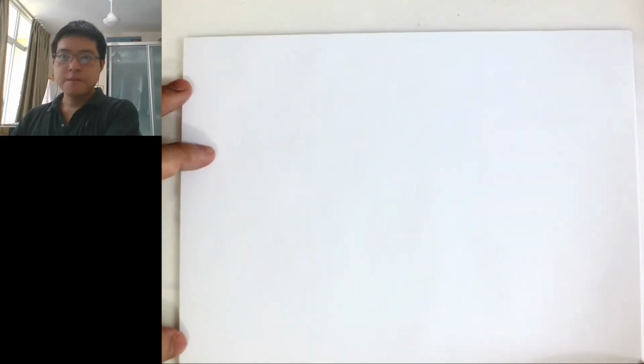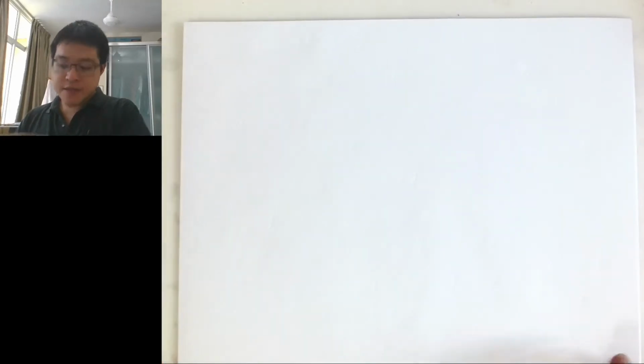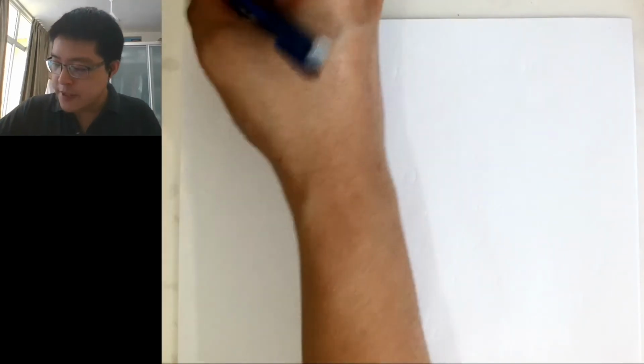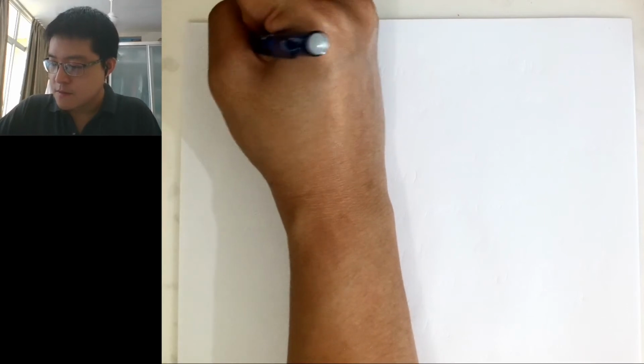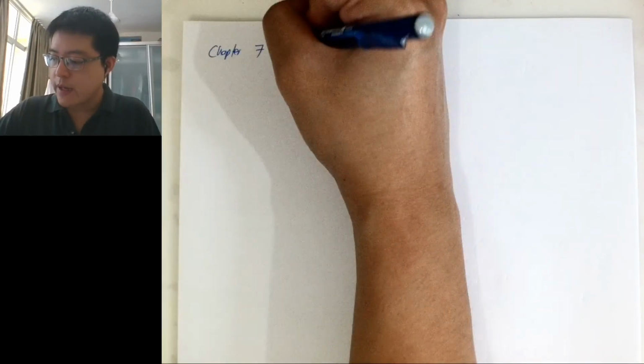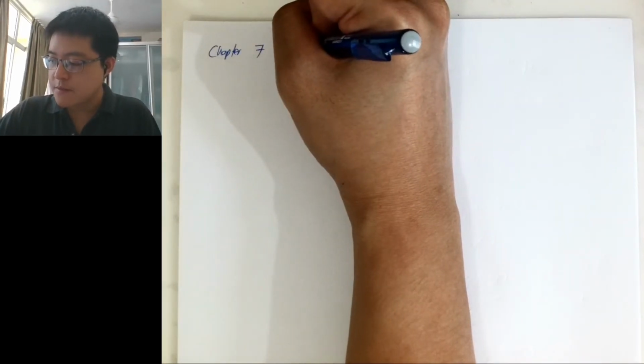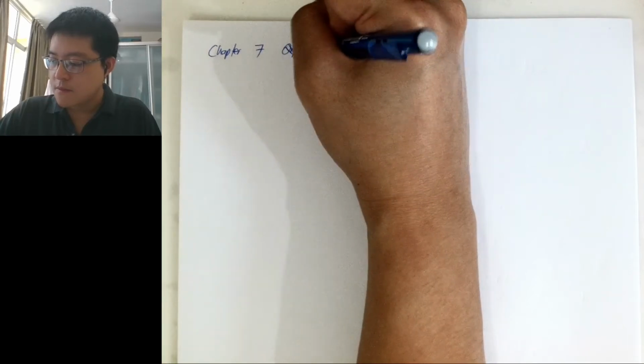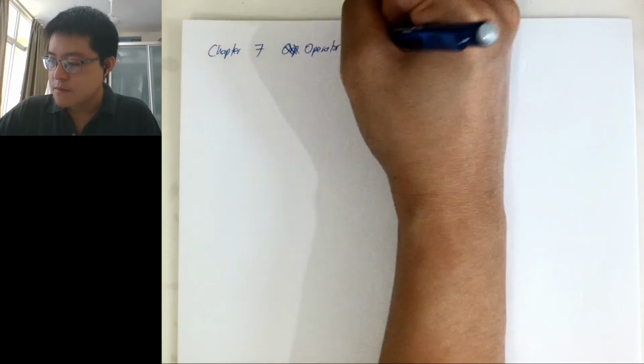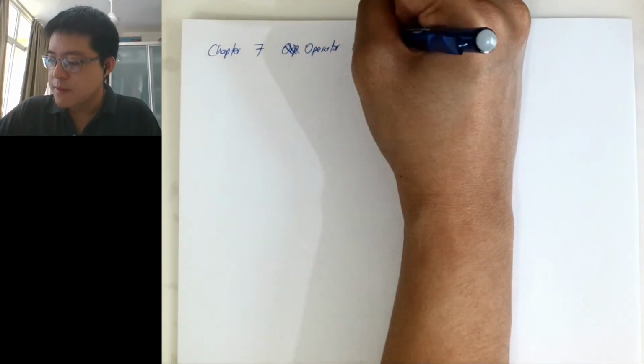Okay, so chapter 7 is about operators, and we call this operator formalism. Just a fancy name.